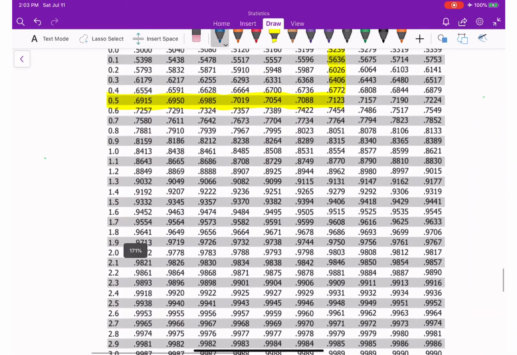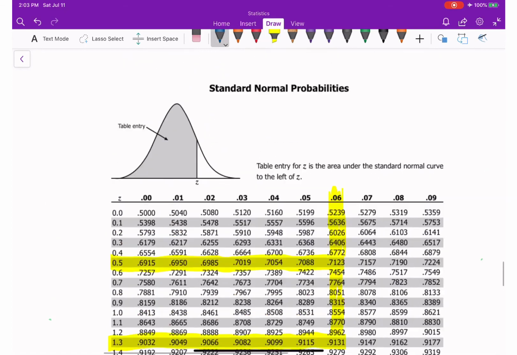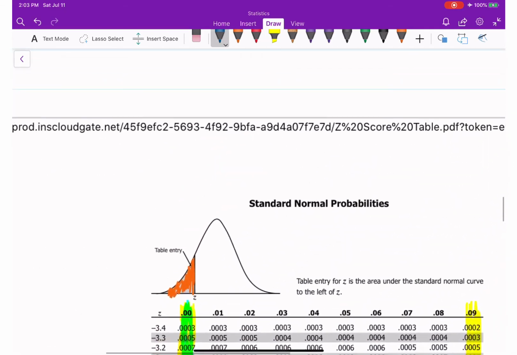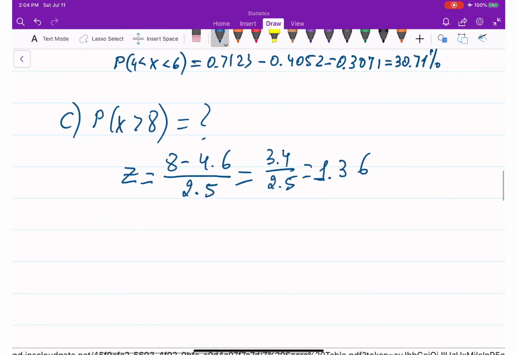So 1.3 I will find here. And going against to 6, which will come from here. 0.9131. Okay.